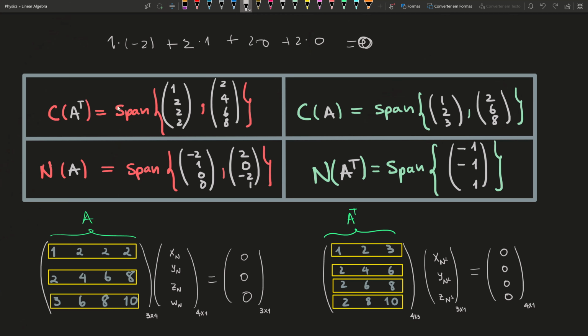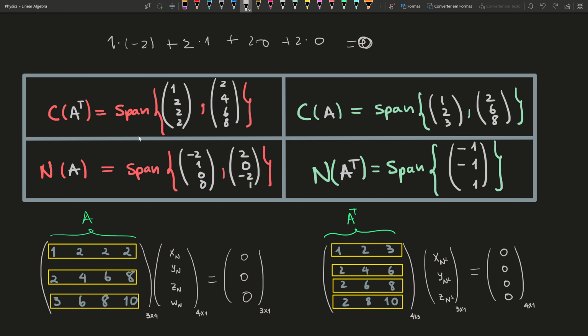So the column space is the orthogonal complement of the left nullspace, and vice versa. Can you see? The column space is the orthogonal complement of the left nullspace, and the nullspace is the orthogonal complement of the column space.